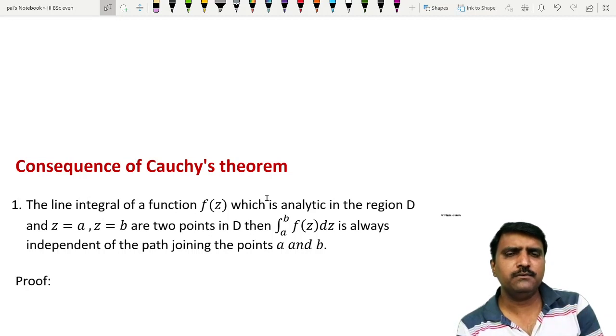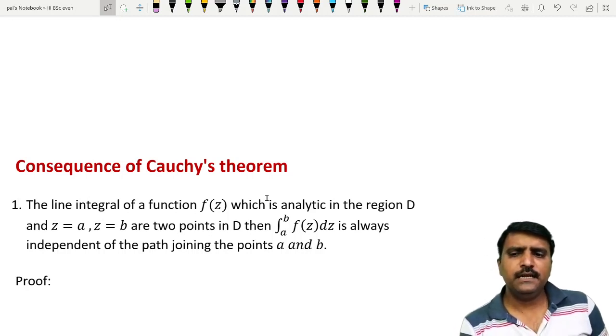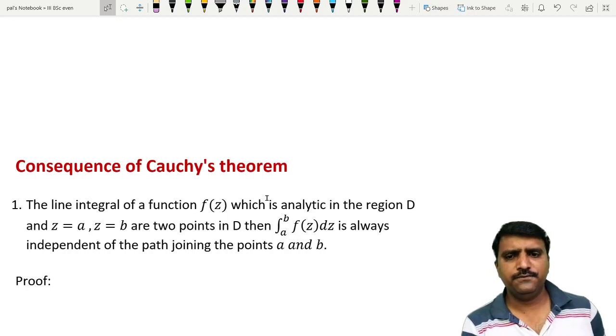By using that Cauchy's integral theorem, we can prove some of the consequences. So what are those consequences? The first one is the line integral of a function f of z.